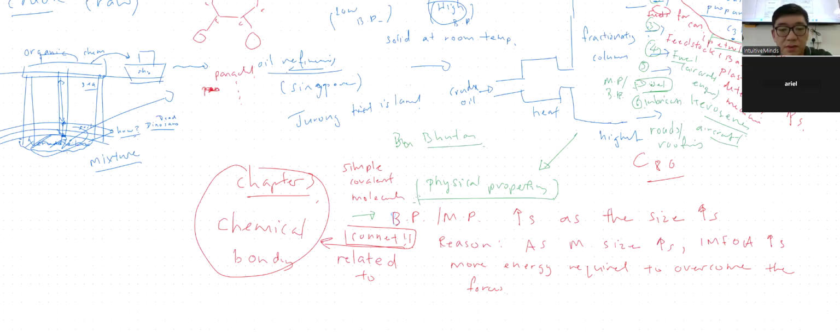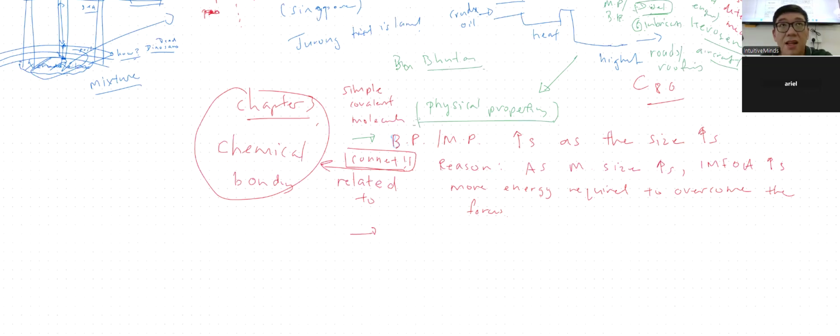Then the second one, tell me something about flammability. As you go down the group, as you go down the fractions, are they more flammable or less flammable? Less flammable. So again, you can use logic.